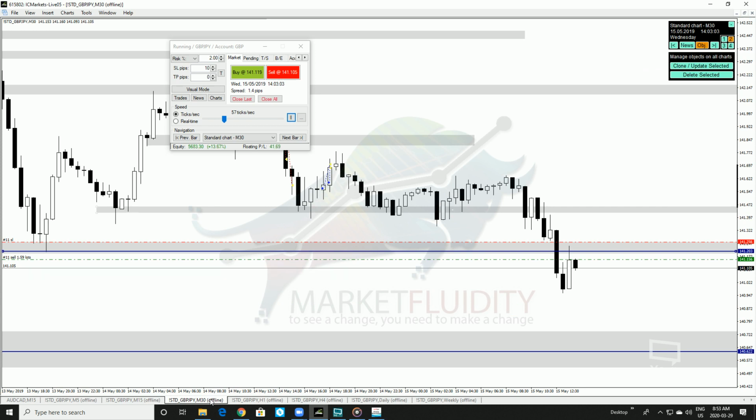So basically, in a perfect scenario, we're waiting for a 30-minute candle to close bearish, right? Because what you have here is a support formed, and then this could be a potential resistance forming here.